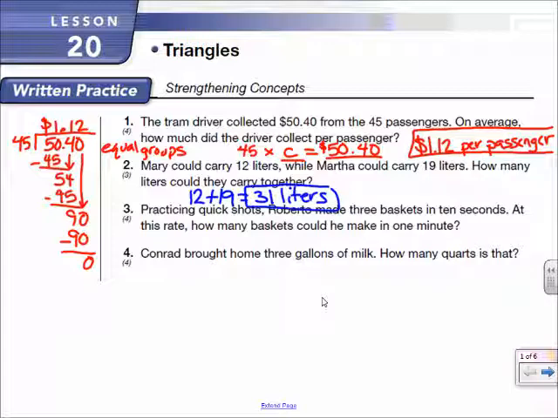Practicing quick shots, Roberto made 3 baskets in 10 seconds. At this rate, how many baskets could he make in 1 minute? So we have 3 baskets per 10 seconds, and we want to turn that into minutes. So we know that 60 seconds is a minute, and since I have seconds on the bottom in this fraction, I'll put it on the top of the next one.